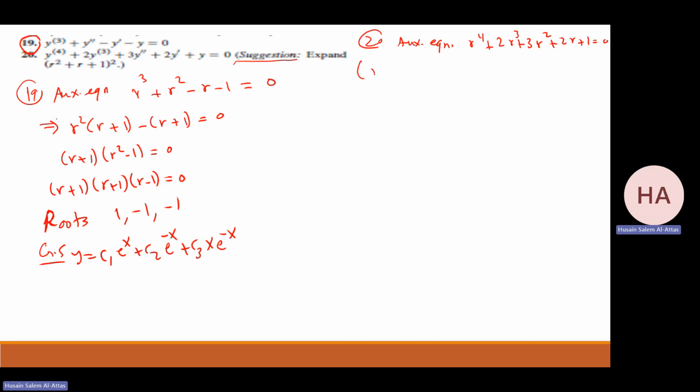He said expand this. Let me do that and see what I get. I can say this is x and this is y.